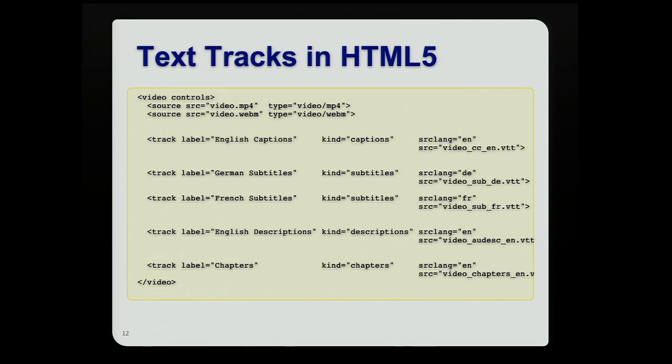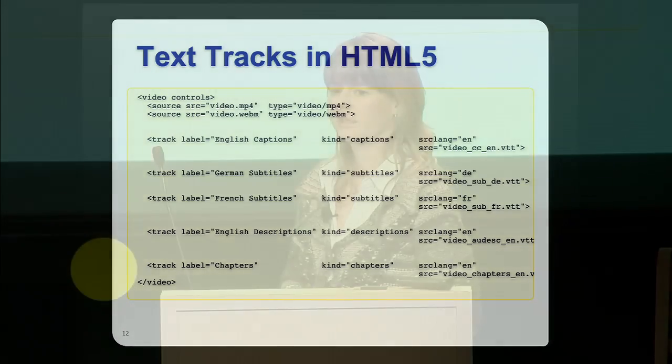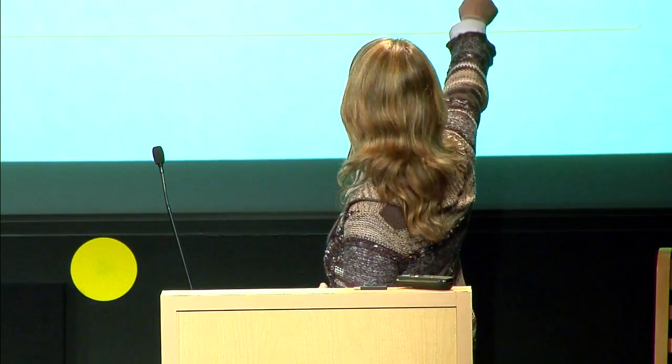Now, of course, as I'm saying, controls and input into web pages and automatic rendering, we need to know how we're going to do that. And there is markup in HTML5 for associating captions and formats like this with videos. In this example, I've got all of the VTT files that we've used before.